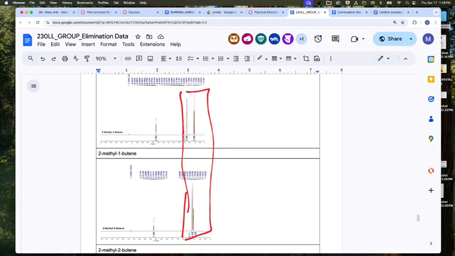That's going to be hard to differentiate to identify your compound. However, I get this lone signal out here and this lone signal out here. Those 2 signals are fairly far away from everything else. So if I saw those signals, that would give me information that I had that compound.